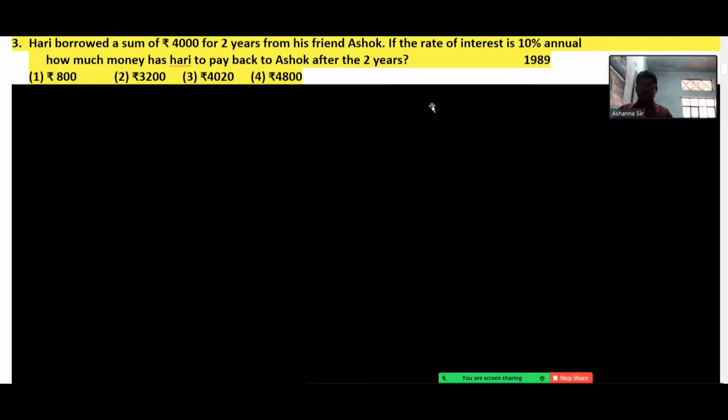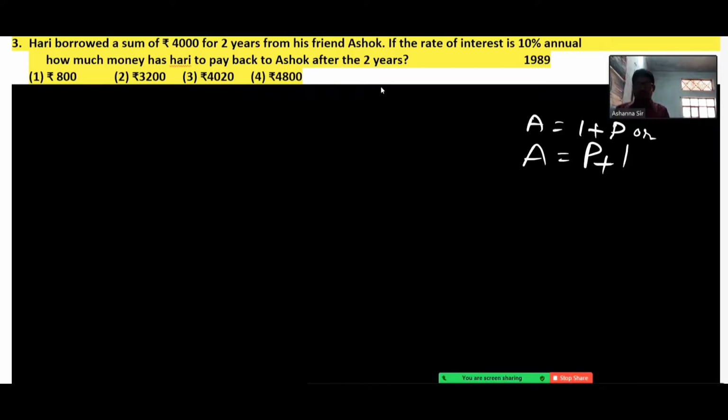Here we have to find the amount. We know the formula for amount: A is equal to P plus I, or I plus P.